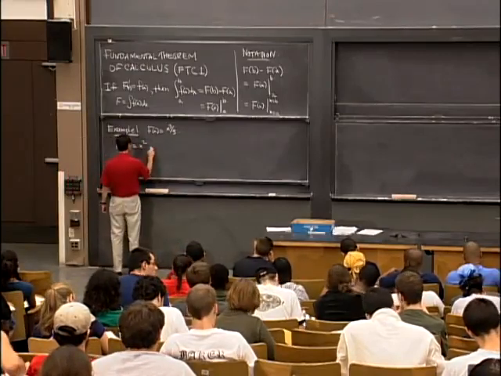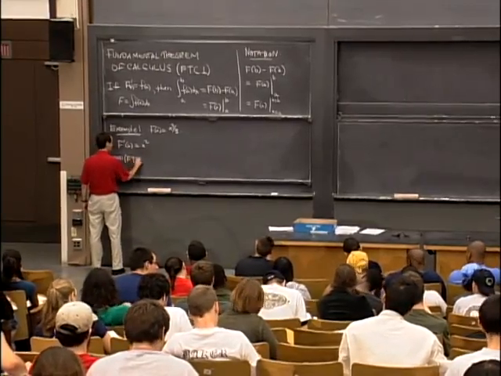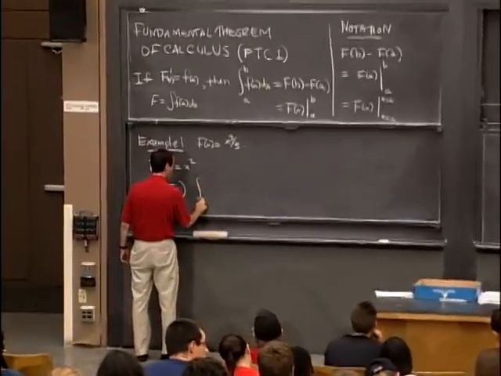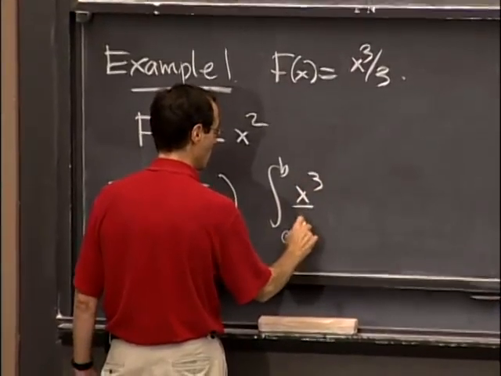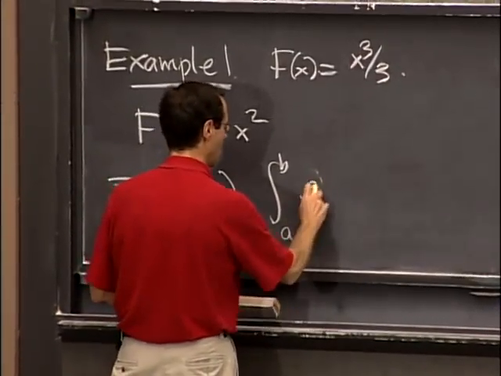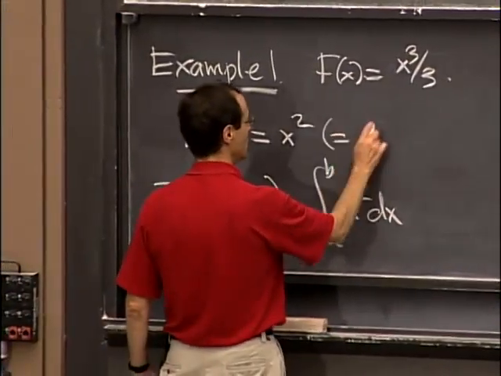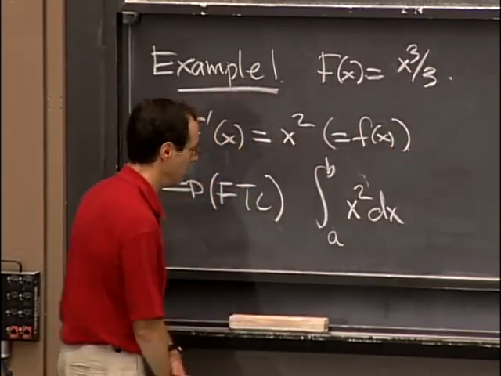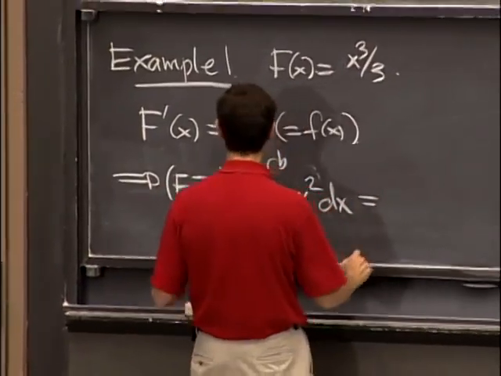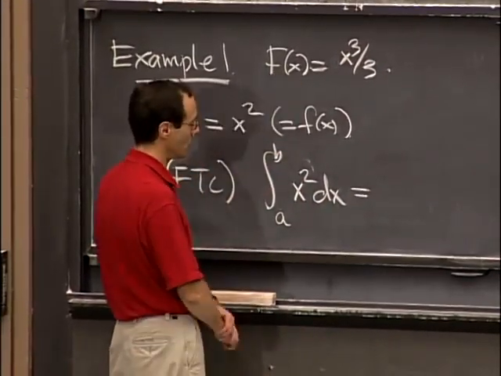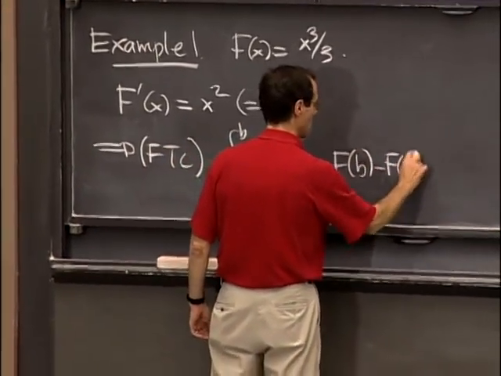So by the fundamental theorem, the integral from a to b of x squared dx, where x squared is the function we're using as little f of x, is equal to F of b minus F of a.